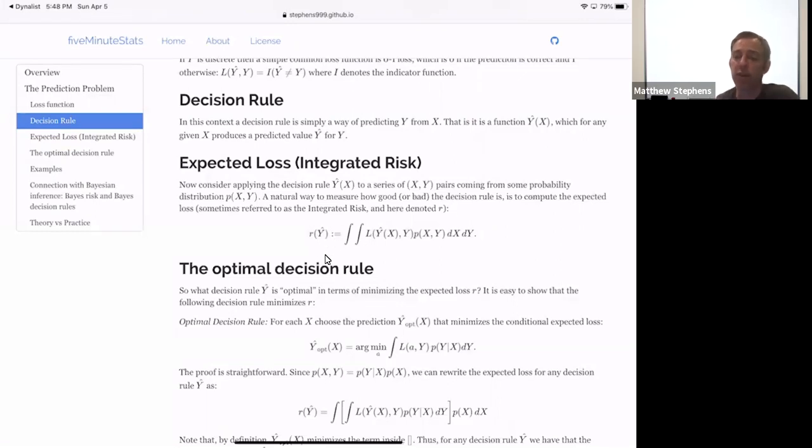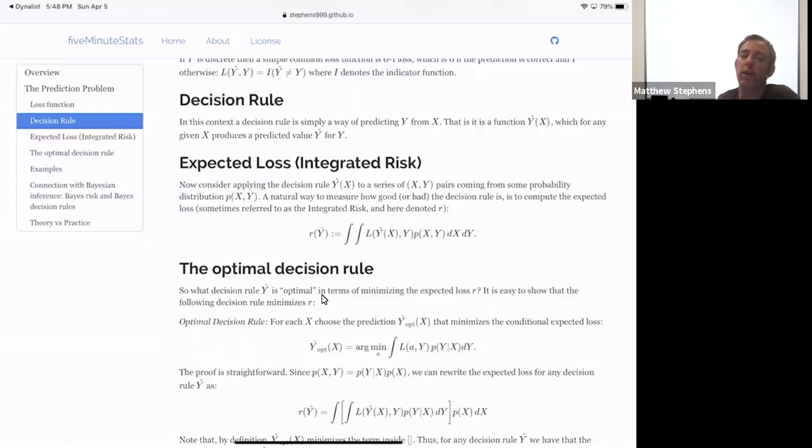I could give you different decision rules, and if we knew the joint distribution P of X, Y, and the loss function, then we can compute this thing called the risk for any given decision rule y hat. So that's the integrated risk. Think of the integrated risk as the average loss you would suffer if you used this particular decision rule y hat over the long run.